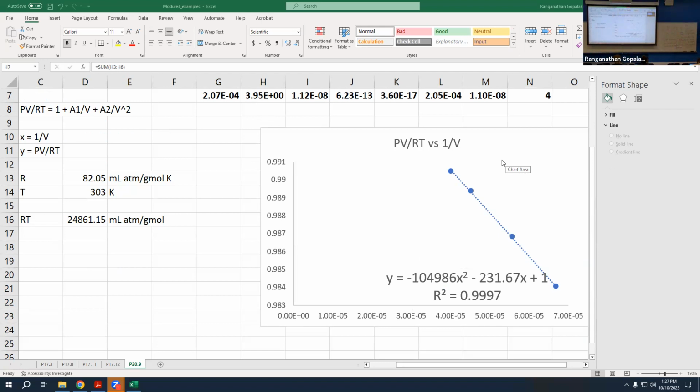So it involves two steps. One, taking the original data and replotting it in terms of a new x, which is 1 over v, and a new y, which is pv over rp. It's okay for your y to have both independent and dependent variables.